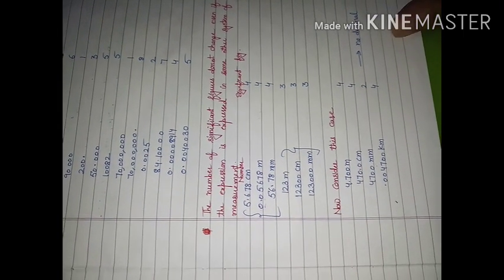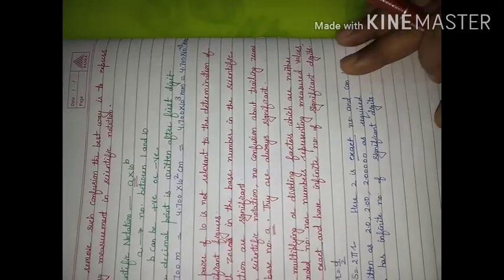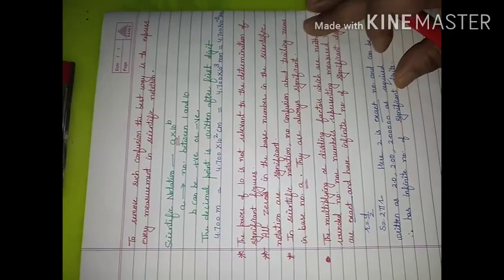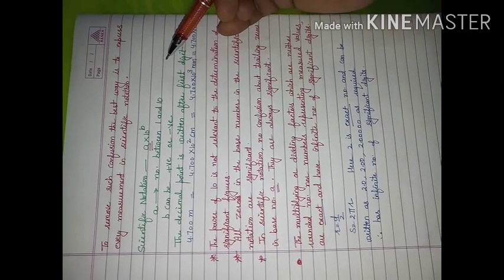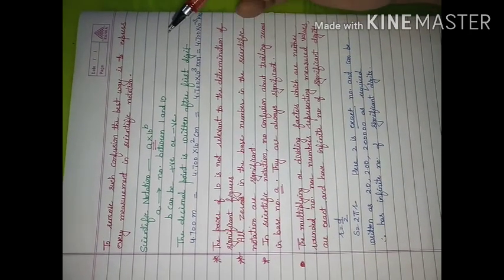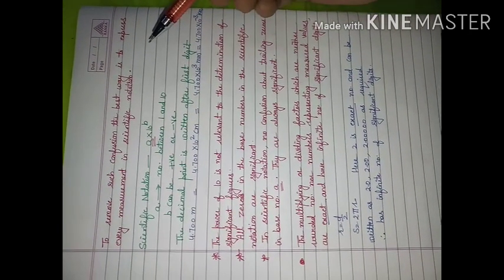Then how to solve these cases? To solve these cases, you have to represent the given measurement in scientific notation. You have done scientific notation in 7th or 8th class maths also.